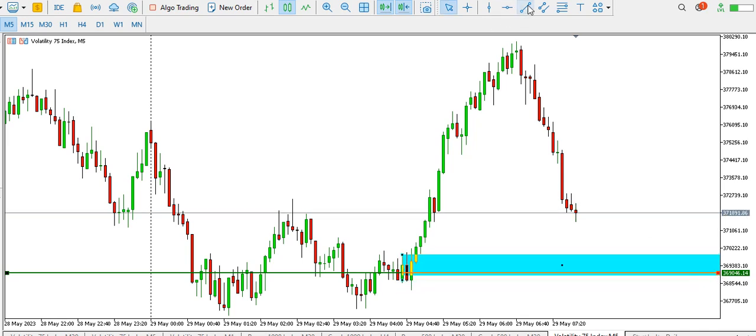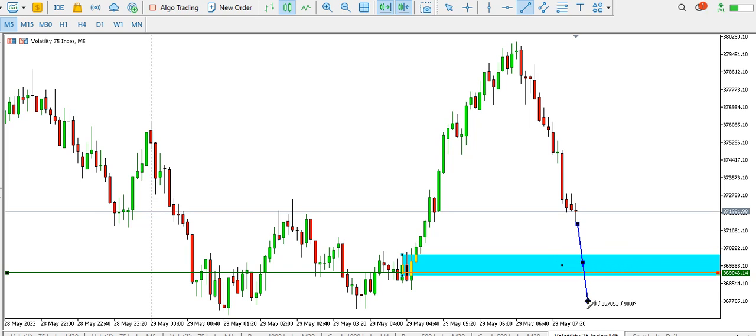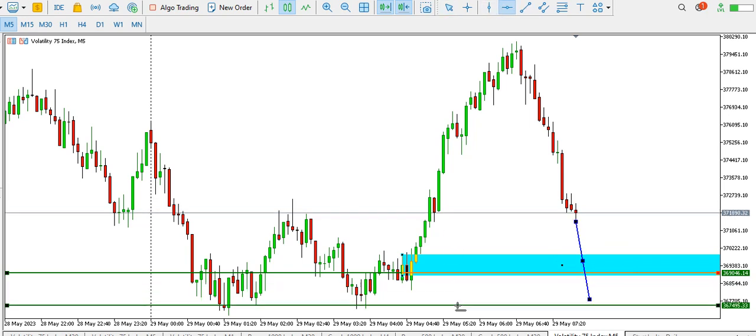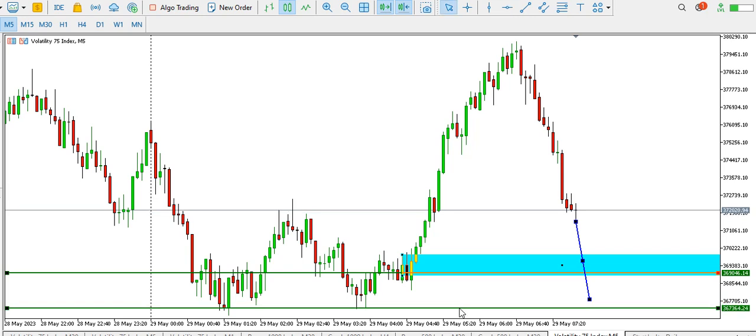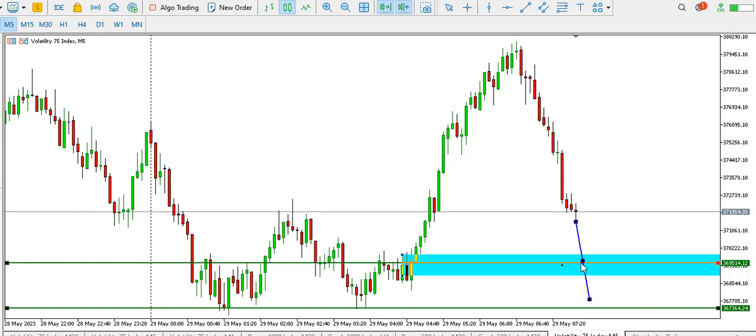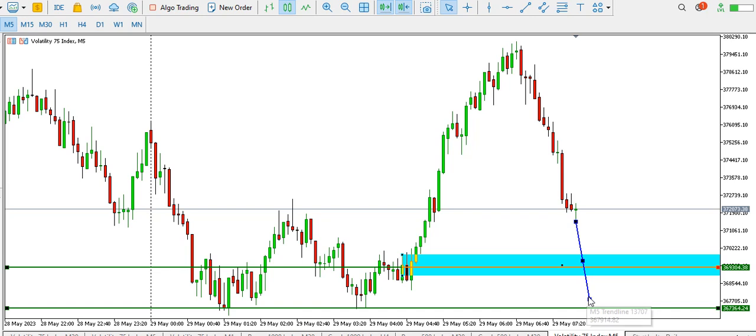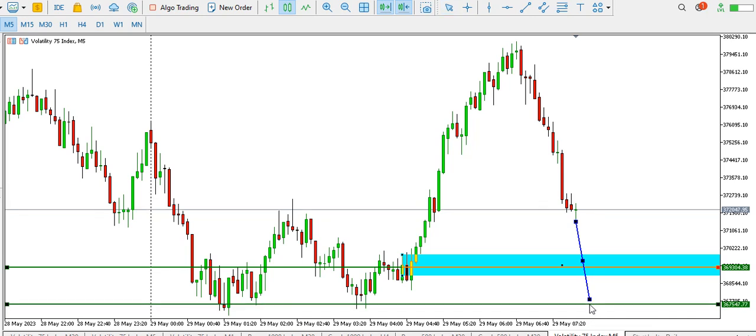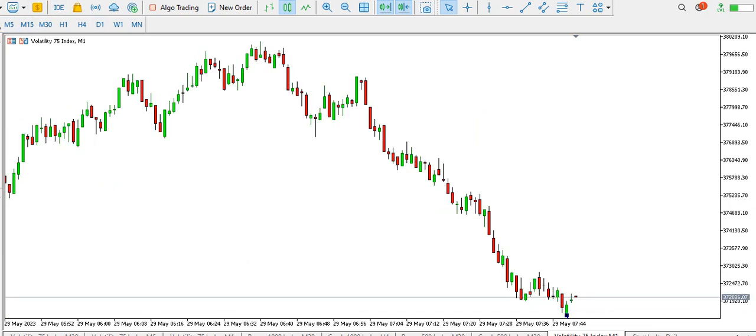If the support area breaks, we might see price aiming for the low, this particular low on the chart, the 360 level. If this order block fails, price might drop to this level. That's that for the 5 minutes time frame.